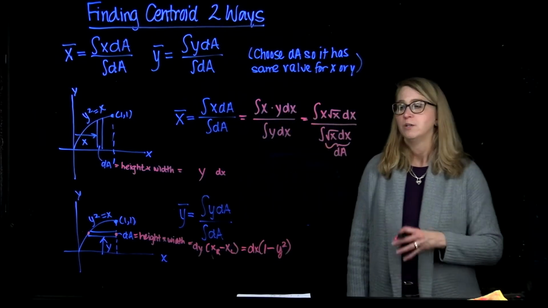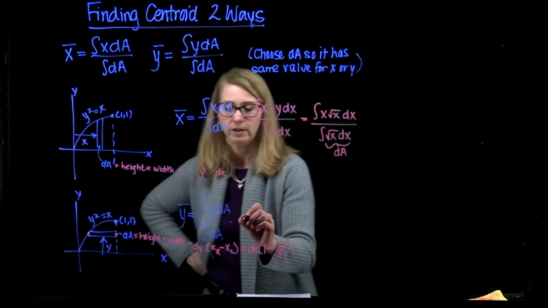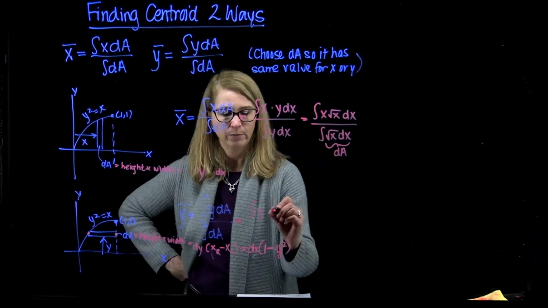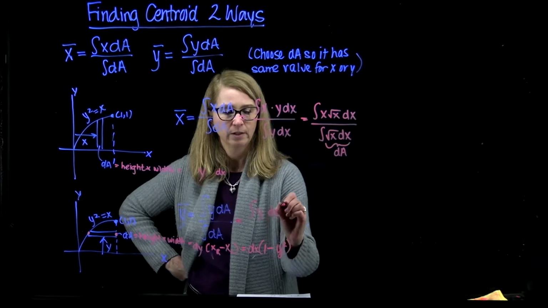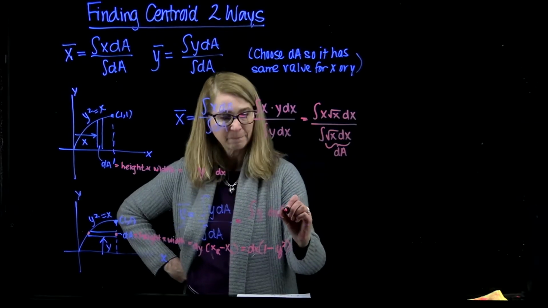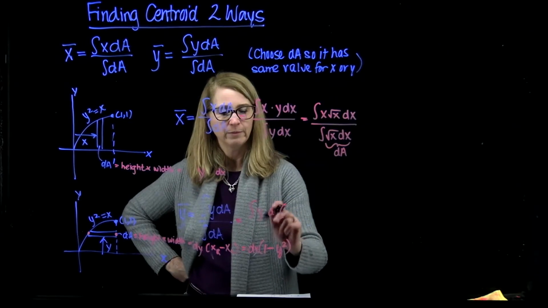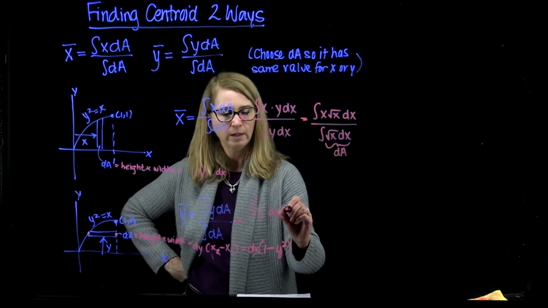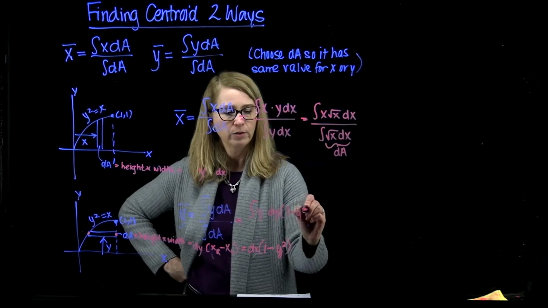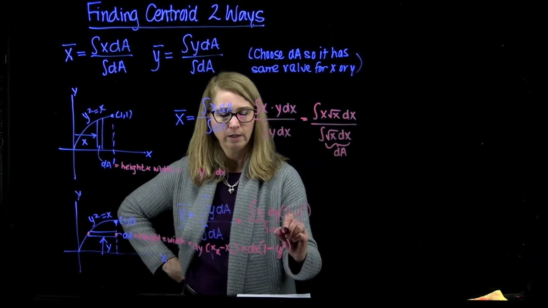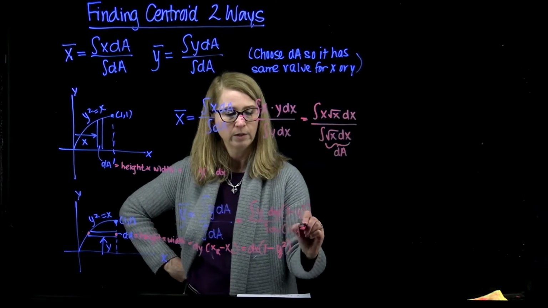So in this scenario, I have dA equals dy times 1 minus y squared. Then y times that, over the integral of dy times 1 minus y squared.